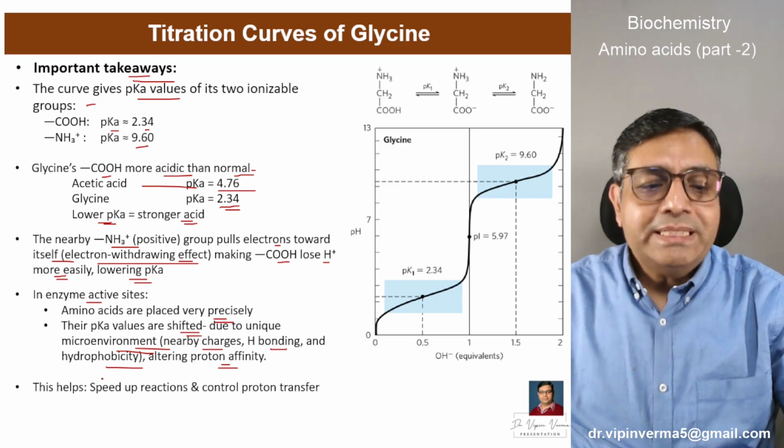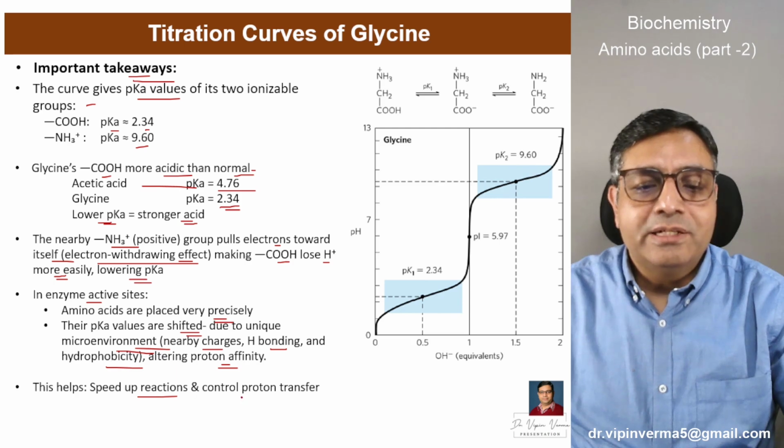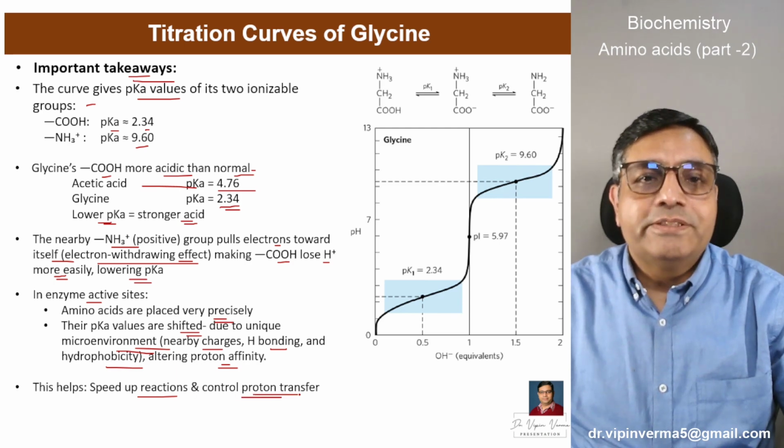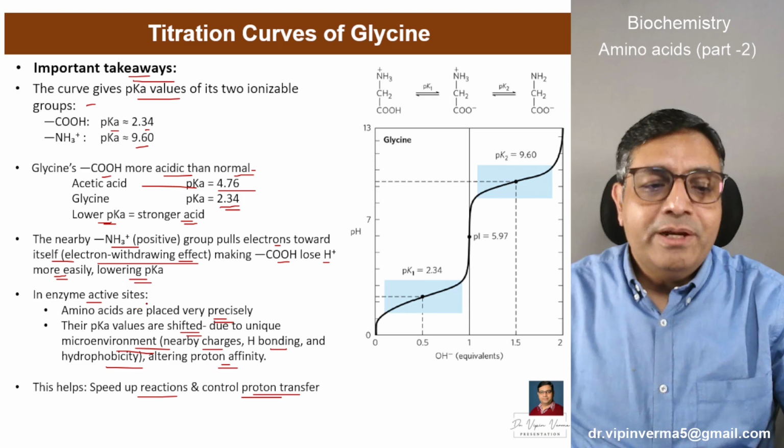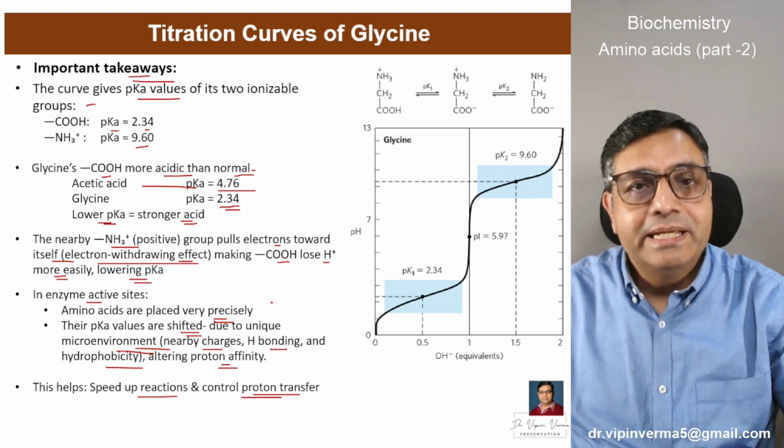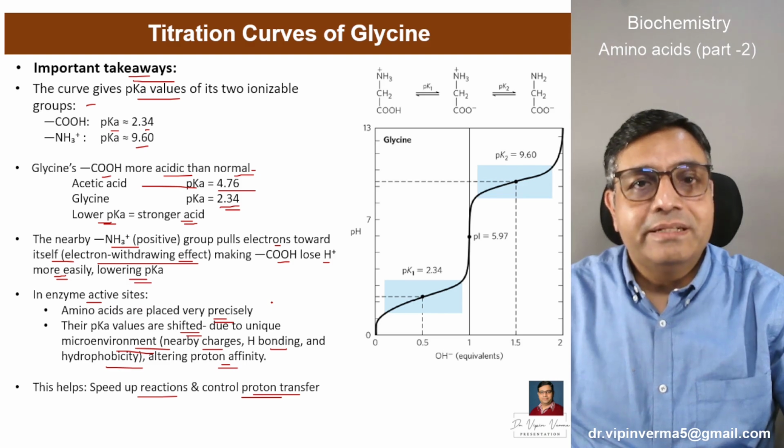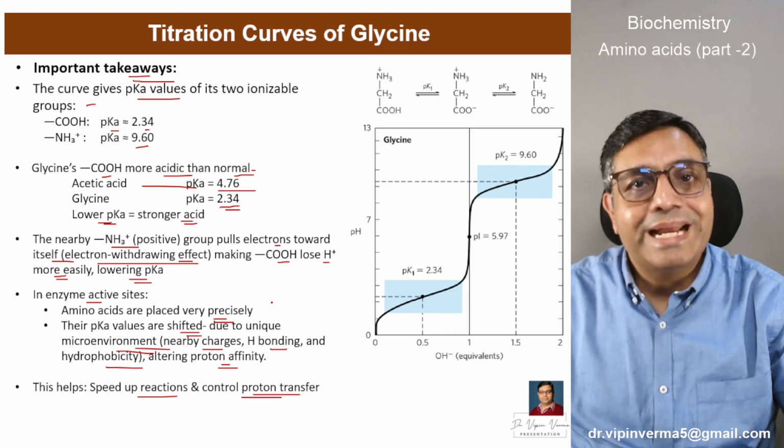Okay, so this helps to speed up the reaction and control the proton transfer, and that's why the amino acids in the enzyme active sites are placed very precisely. And even a one position shift of the amino acid can completely destroy the whole mechanism or the whole activity.